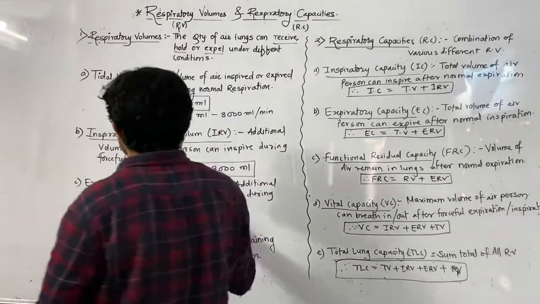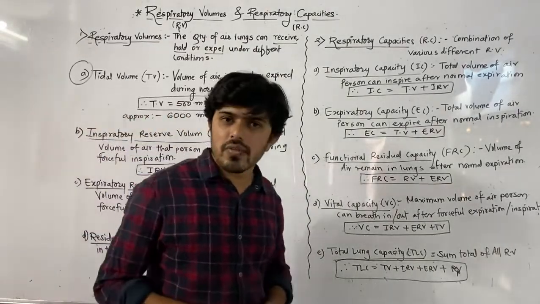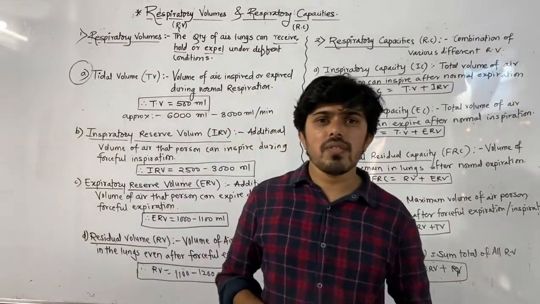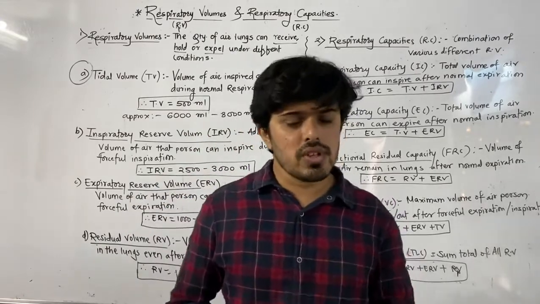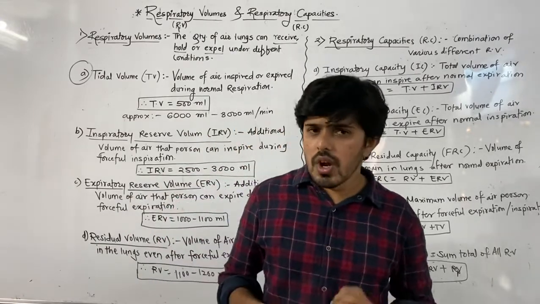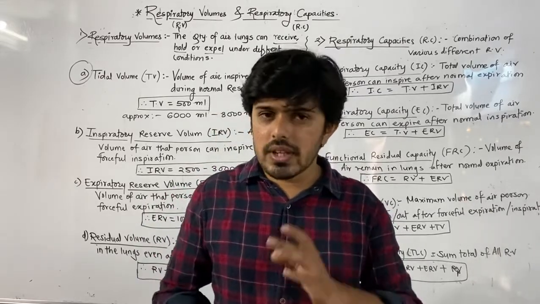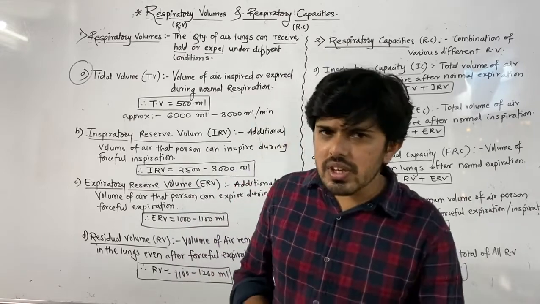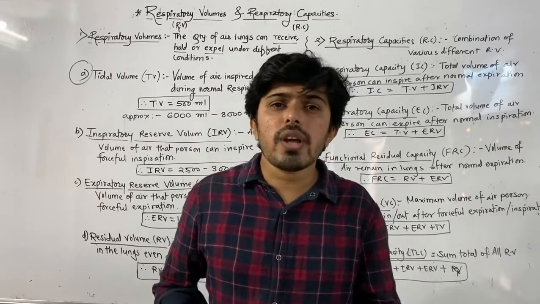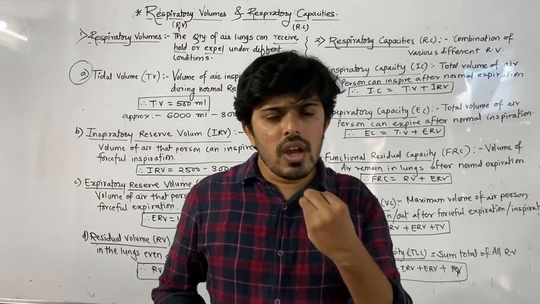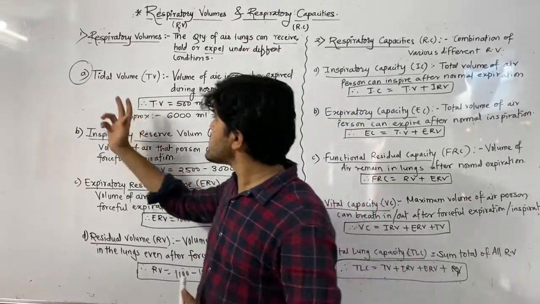The first type of respiratory volume which we are going to discuss is tidal volume, that is TV. You know, we humans normally breathe 12 to 16 times in a minute. If you count, you will come to know. 12 to 16 times we take in air and give out air, that is the normal breathing rate. During normal breathing, whatever amount of air we take in and whatever amount of air we throw out, that volume is called tidal volume.